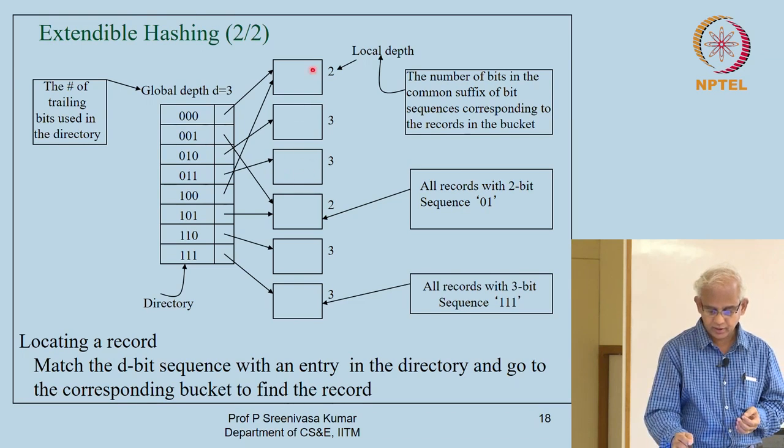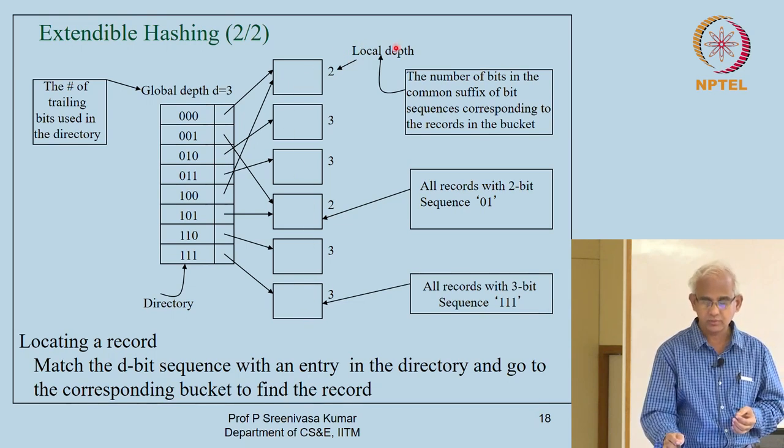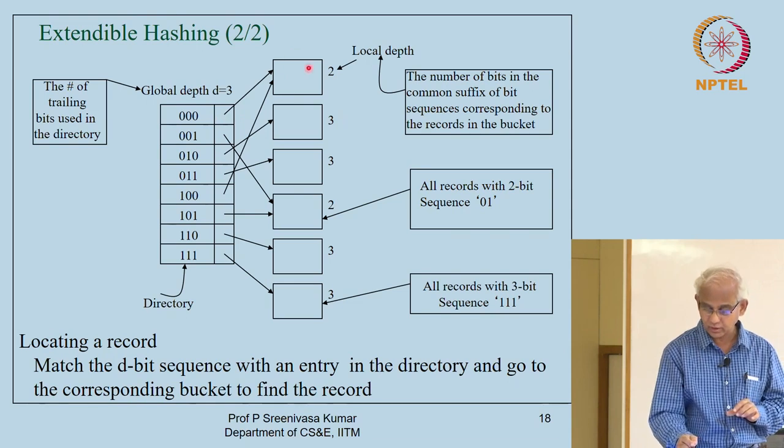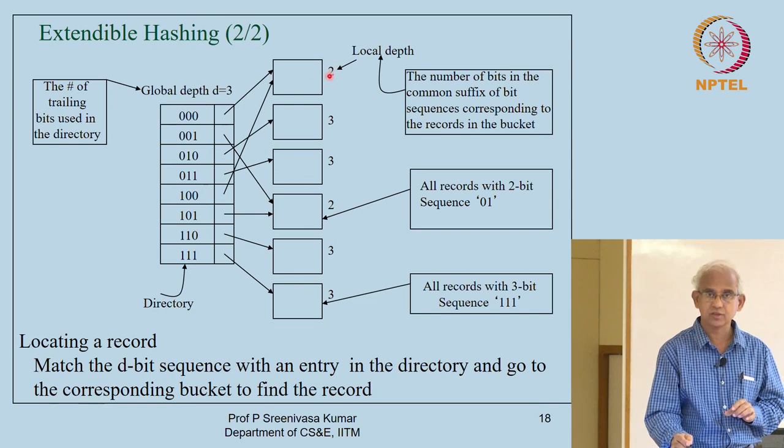Now, these buckets have another important parameter associated with them called the local depth, okay. The local depth is the number of bits in the common suffix of the bit sequences corresponding to all the records that come to this particular bucket. So, for example, the local depth of this is 2.